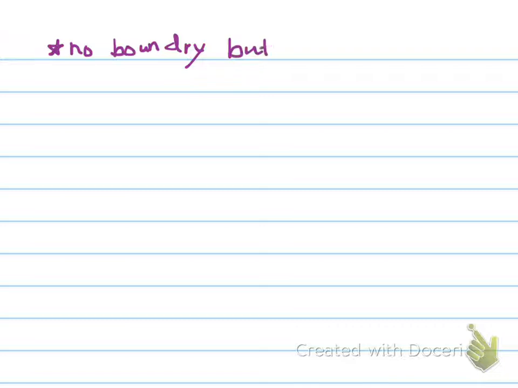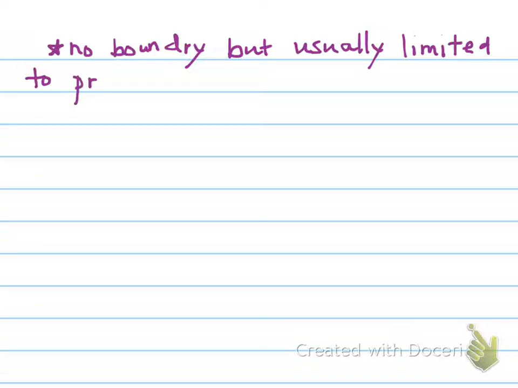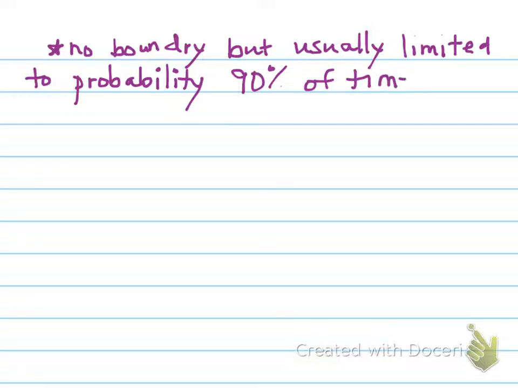But it's usually limited to a probability of 90% of the time. So realistically, if you've studied probability in math class, you know that probability never actually gets to zero.